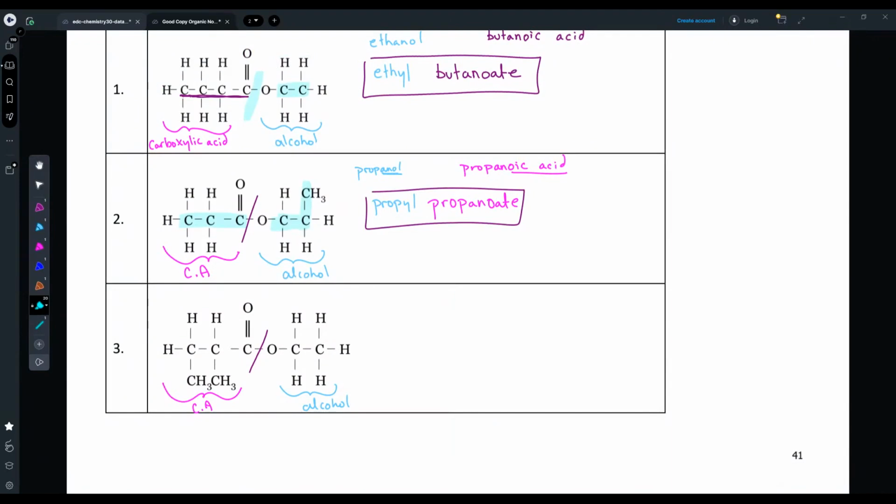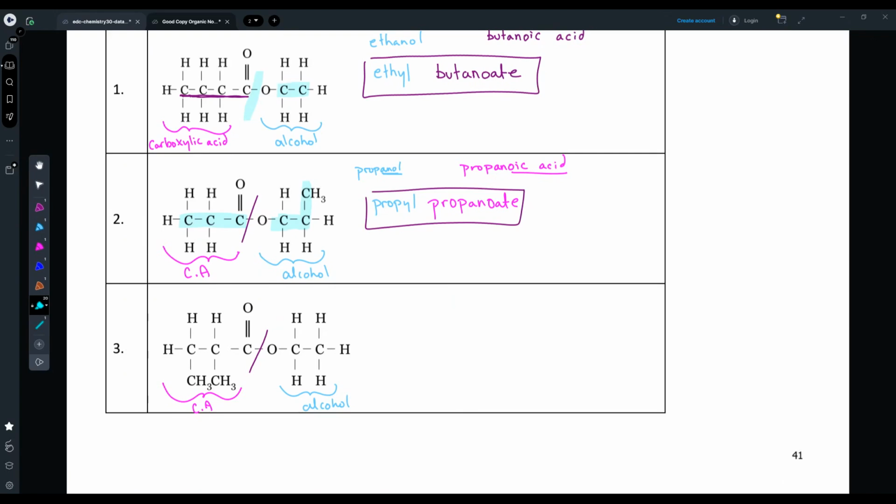However, that isn't always the case. Okay, so keep in mind that alcohols don't have to be on the right-hand side of the compound. They could be on the left-hand side. Same with carboxylic acids. They're not always on the left-hand side of an ester structure. They could be on the right.